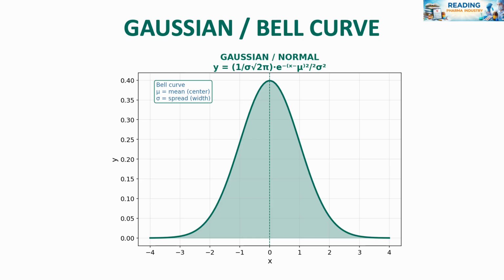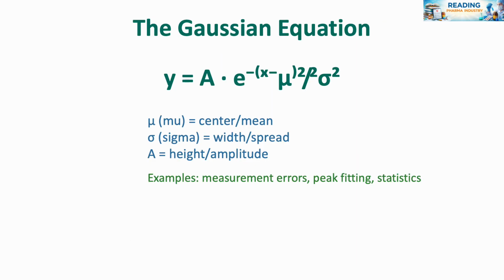The Gaussian or normal distribution is the famous bell curve. So you will see it's symmetric with tails extending outward. It classically describes natural variation, things like heights, measurement errors, and many biological parameters. The Gaussian equation can be described as y equals A times e to the minus the quantity of x minus mu squared divided by 2 sigma squared.